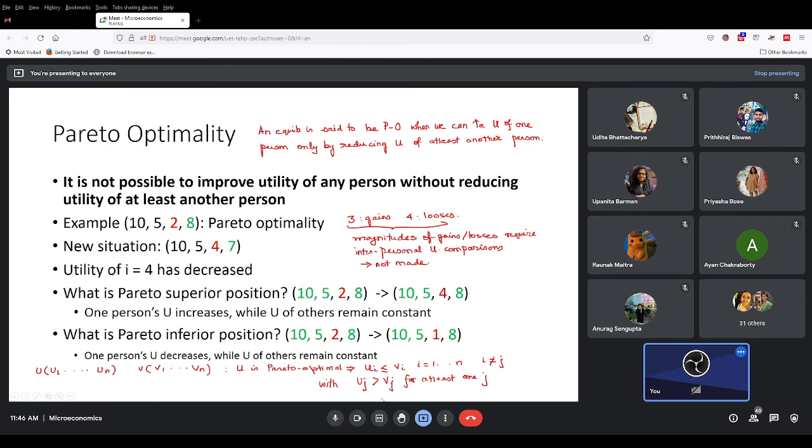Come to the fourth person. uj is greater than or equal to vj. This holds for the fourth person. In fact, we should change this definition slightly, make it a strict inequality. Let me write this separately, it's getting clogged up.